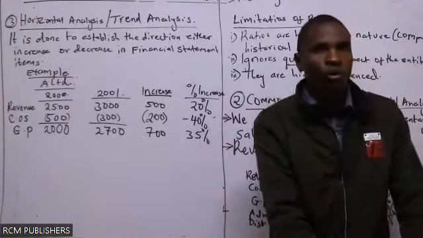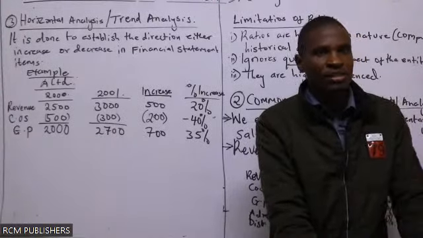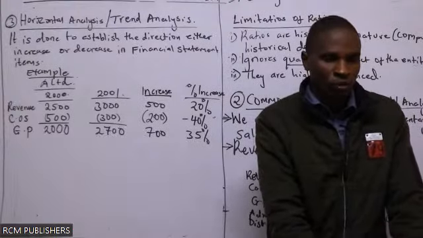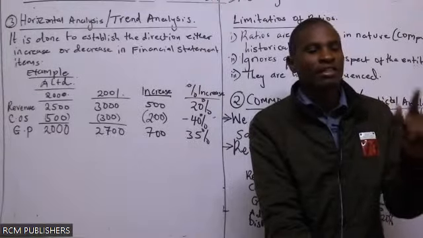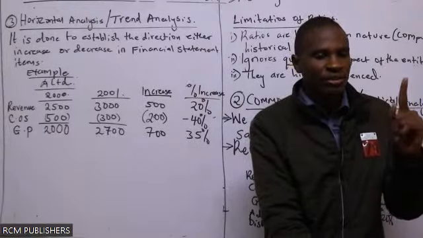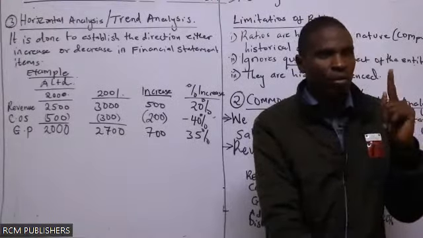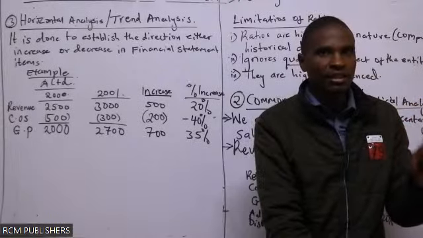What you have to know is whether the examiner wants you to give it in a horizontal way or in a vertical way. When you are giving it in a vertical way, always remember the base figure is revenue in the income statement. When you are in the balance sheet, the base figure is the total assets.